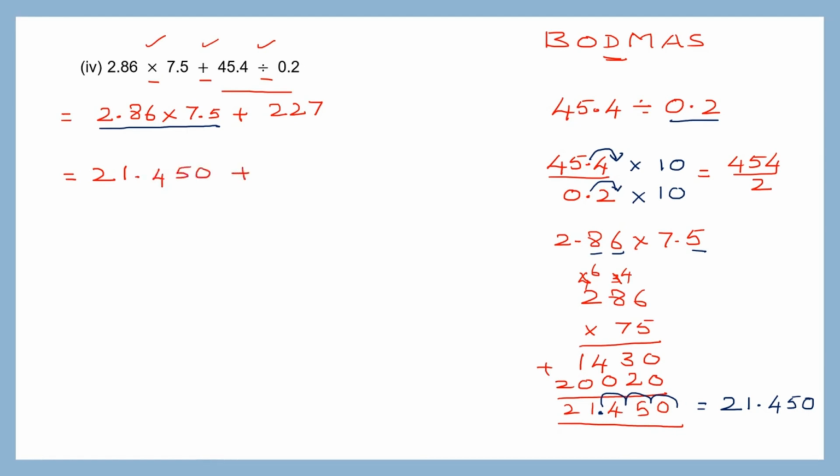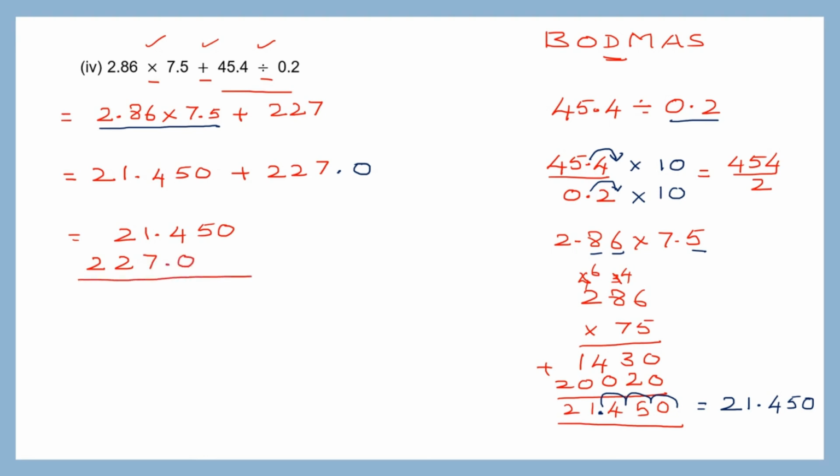21.450 plus 227. Okay, let's add that. 21.450 plus 227. That's a whole number. For every whole number, the point is after the number. So this is where I put my point. So let's write that down. 227.0.